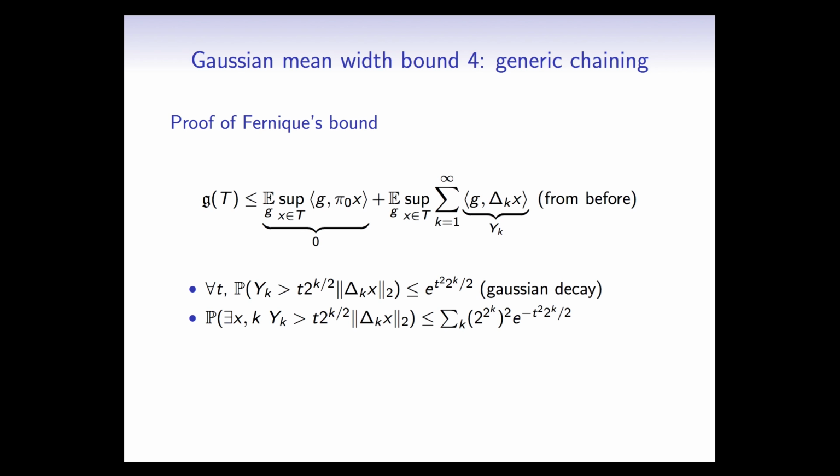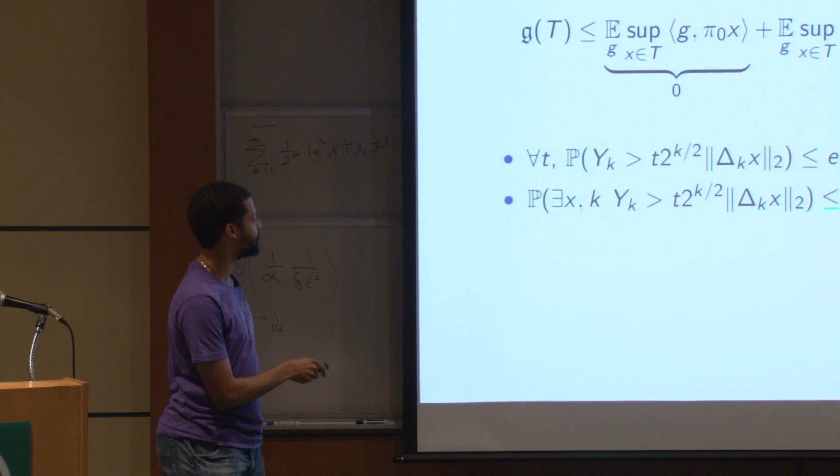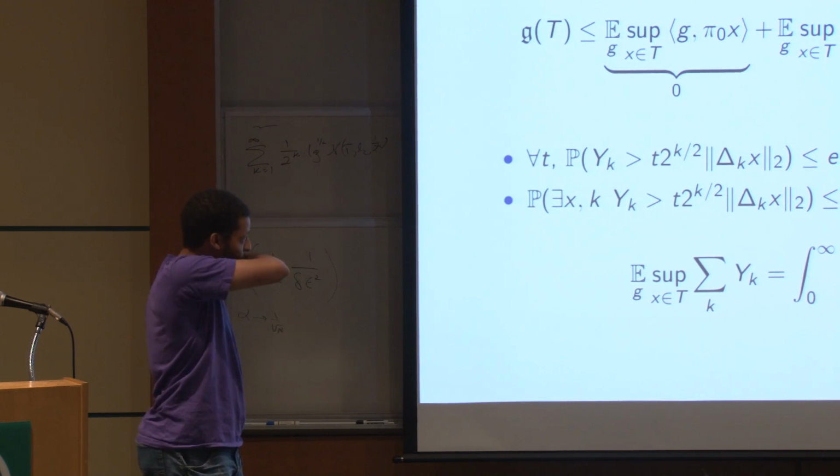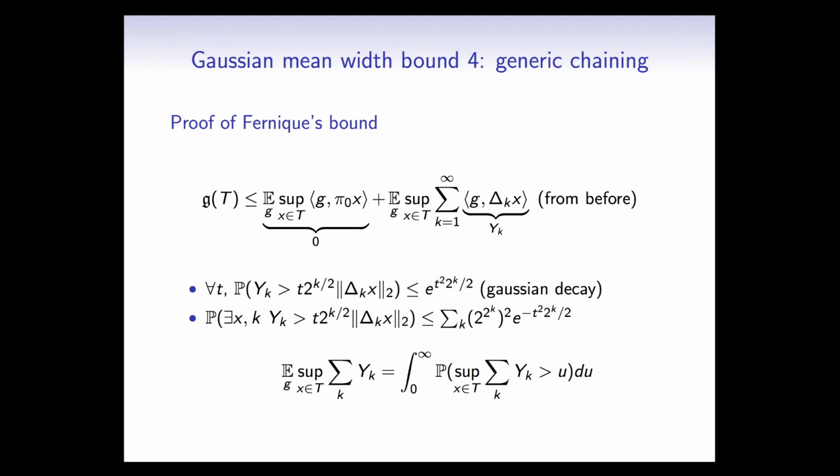Because it's a difference of two guys in these nets, times that tail bound. Okay? So this is the main thing to note. And now what we're going to use is that the expectation of a random variable, this one, is the integration of the tail bound, just like we did in the very first slide.